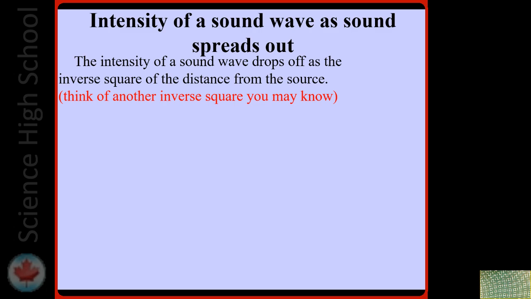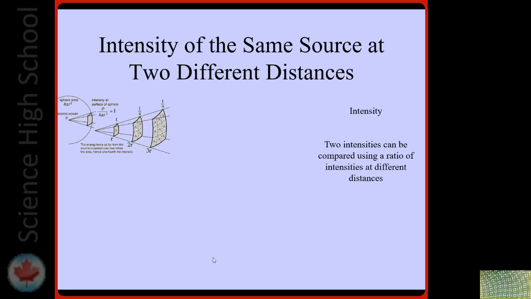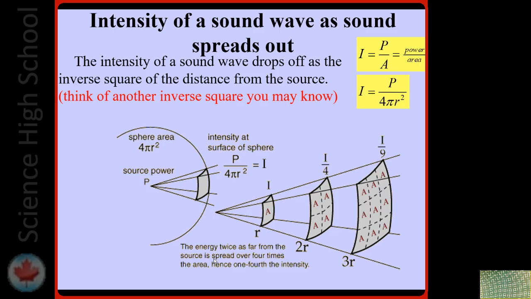All right, so the intensity of a sound wave drops off as the inverse square of the distance from the source. So we think about another inverse square law that we've seen before, and you're probably thinking of gravitational field intensity. What we're talking about is the intensity gets spread out as a power measurement, the power that gets emitted from the power source, being divided over the surface area of the sound bubble.